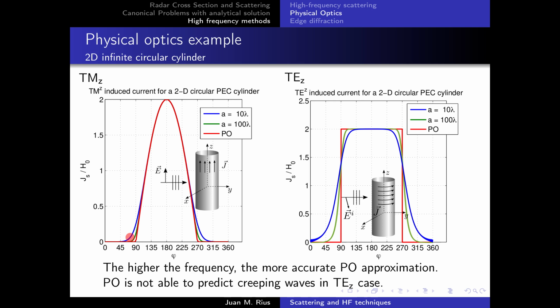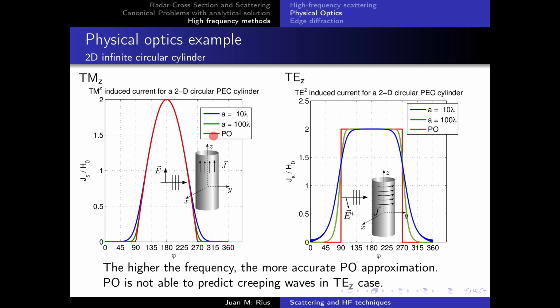For radius 100 lambda, in green color, it's not the method of moments, sorry, it is the analytical solution. The analytical solution for radius 100 lambda is almost exactly equal to the physical optics solution.